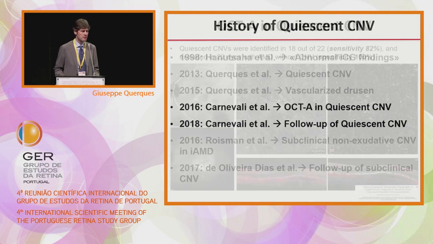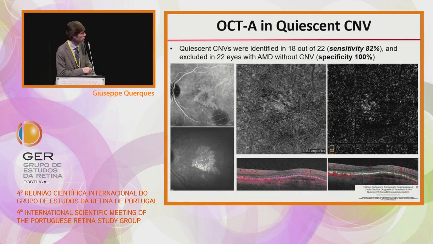But at the same time, in this paper, we realized that not all quiescent neovascularization could be detected on OCTA. This is a typical example where you can nicely see this late plaque on ICG, and the smooth, irregular RPE elevation, all the typical characteristics of a quiescent CNV, but when you look at the 2 different OCTA, you cannot detect any abnormal flow in the choroid.